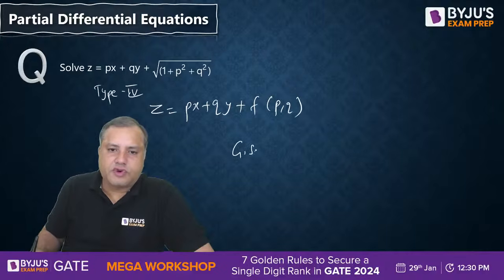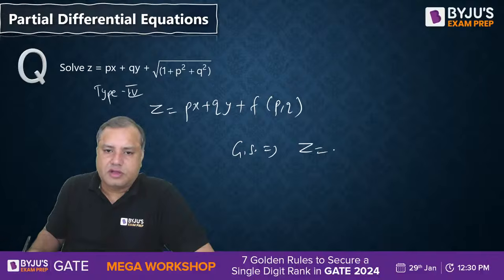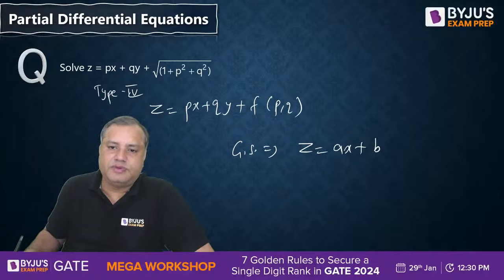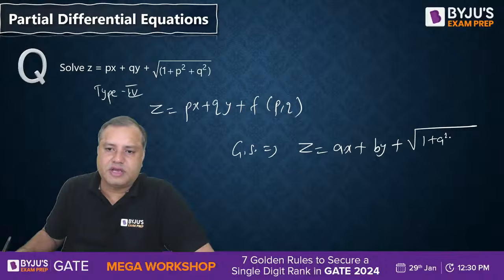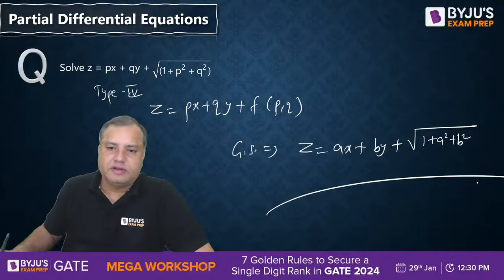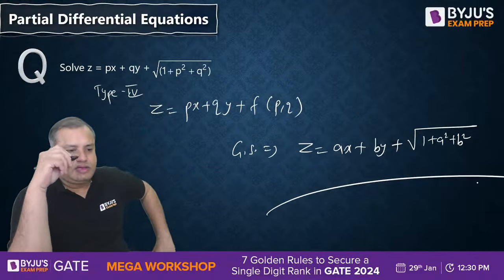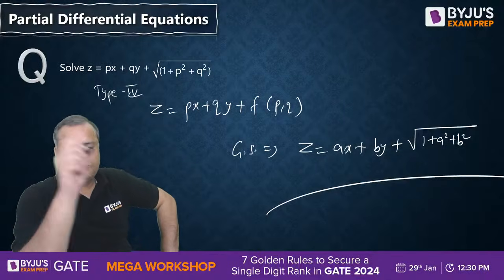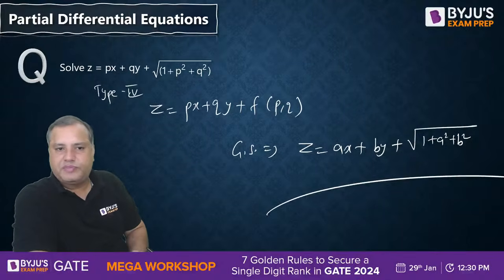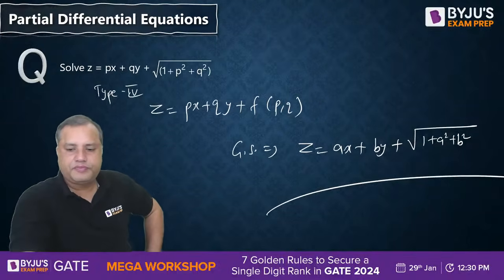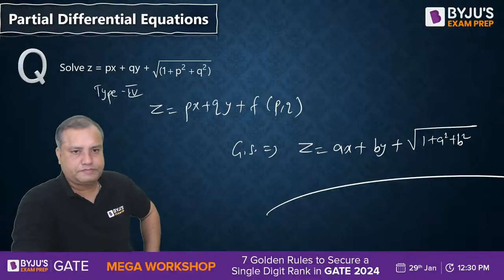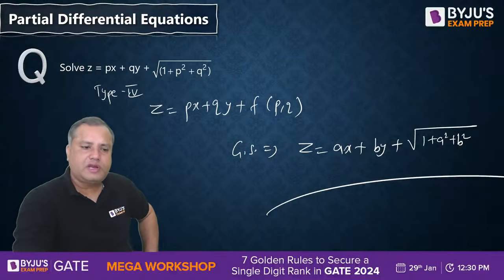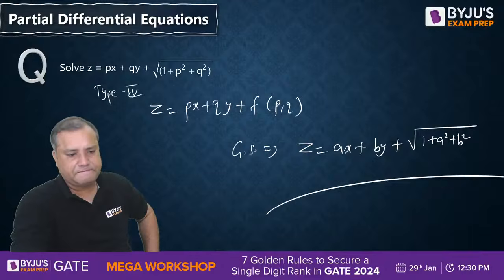So what is its general solution? Ax plus by plus root of 1 plus a square plus b square. That's it. Just you need to replace p by a and q by b. This is the beauty of type 4. Type 4 is also non-linear, first order non-linear P.D.E.